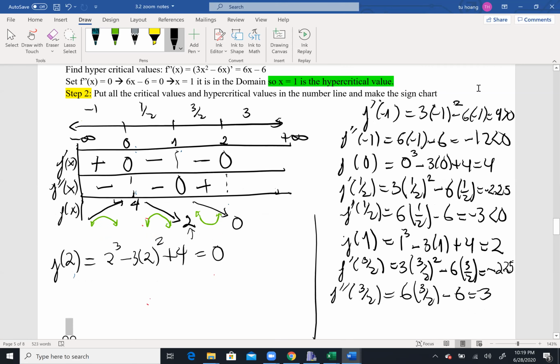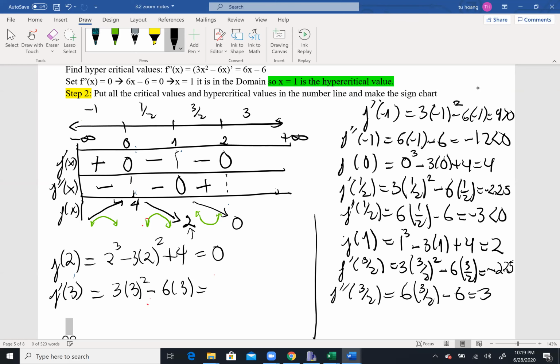Now I have f(2) equal to 0, and now I'm going to go to the next interval, f'(3), and see what happens. Okay, so let me see. f'(3), I know that it is 3 times 3 squared minus 6 times 3.